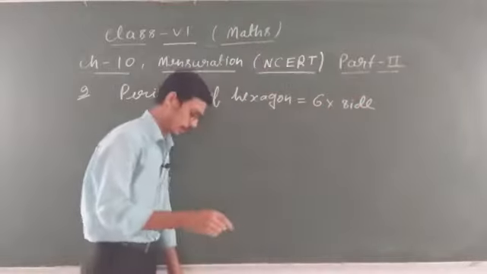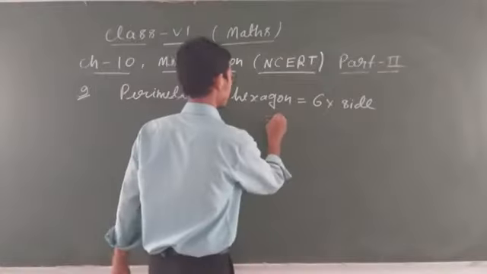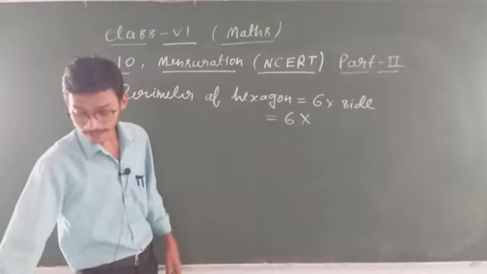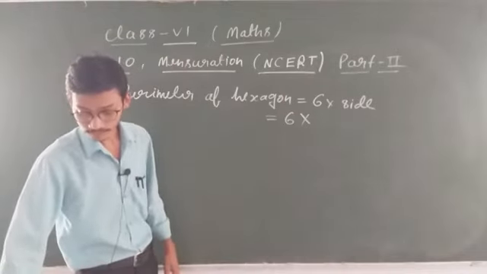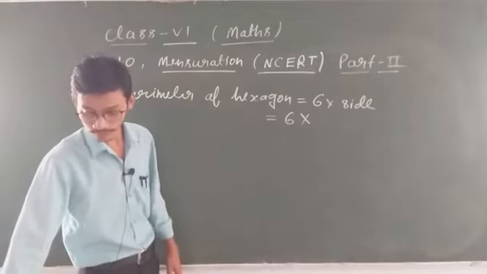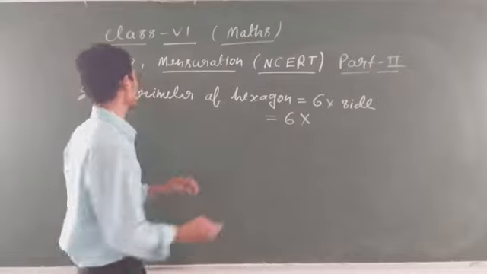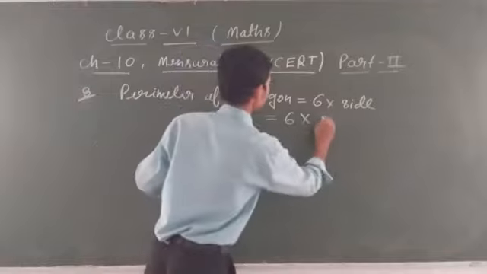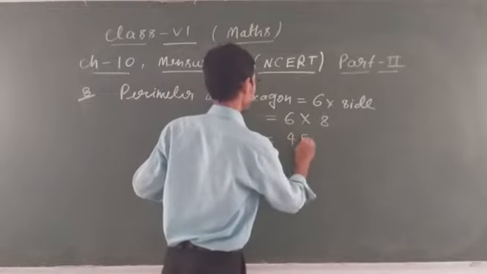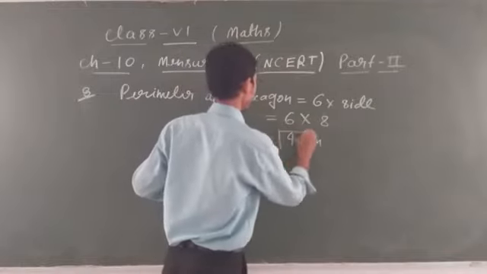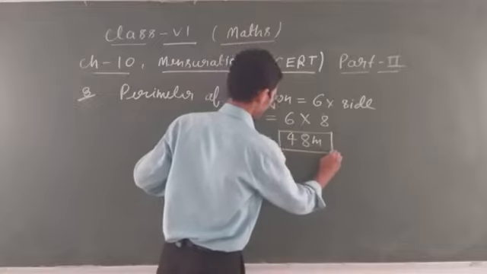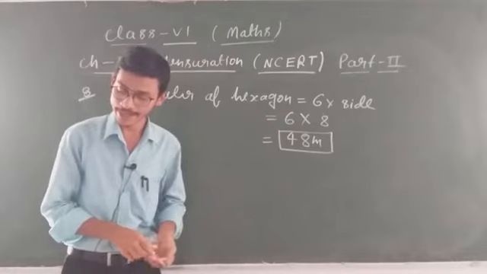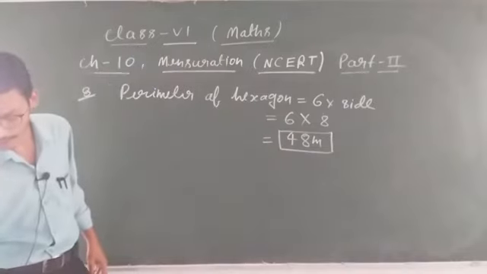Always remember this is the sign of multiplication. So 6 into what? Side. Side is given 8 meter. This is question number 8. So multiply by 8. This will come 48 meter. Clear? Very simple. Because you know that the perimeter of hexagon is equal to 6 into side, and side is given 8 meter. Simply you have to multiply.